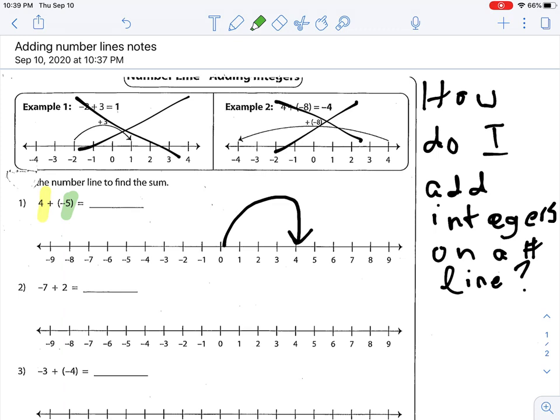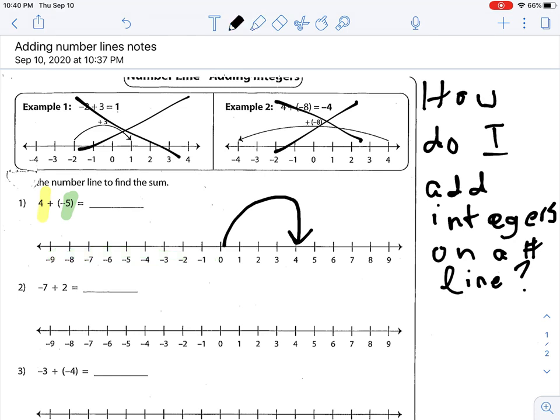That means, since it's negative, we have to go to the left because the negative numbers are to the left, which means all of these numbers over here are negative, so we need to go in that direction towards those negatives. And we are going to go 5 spots to the left.